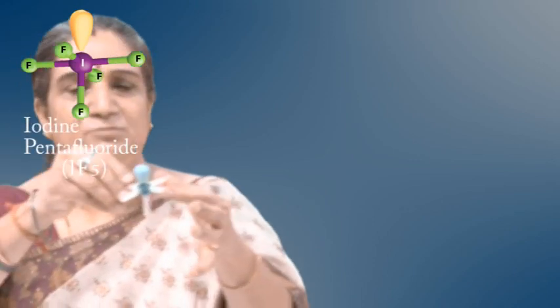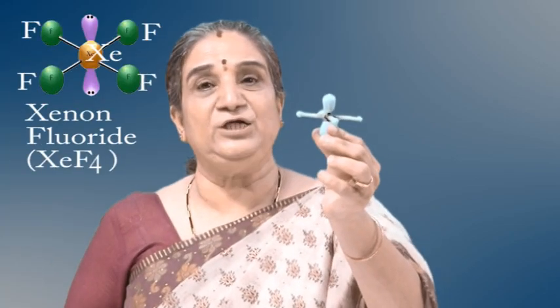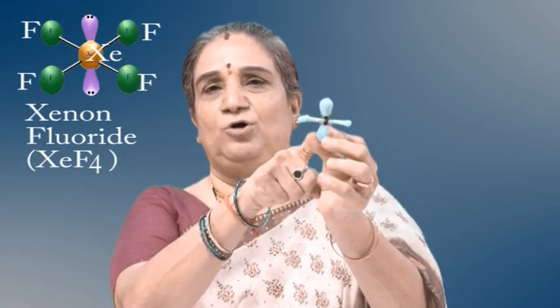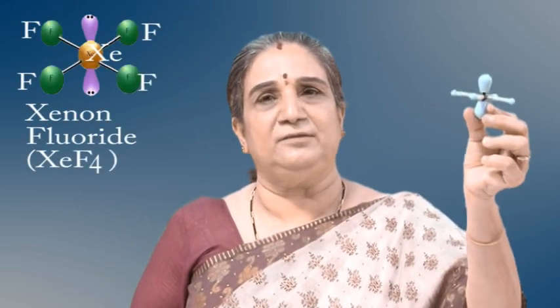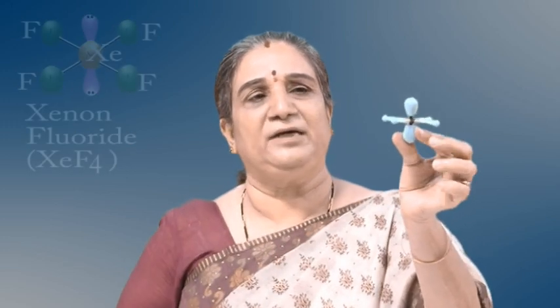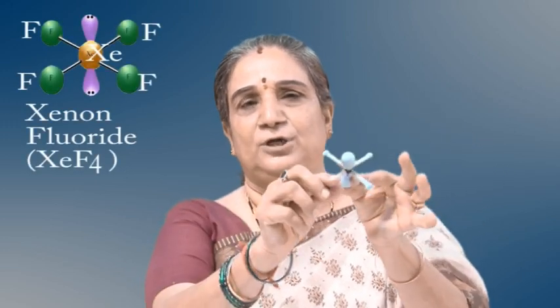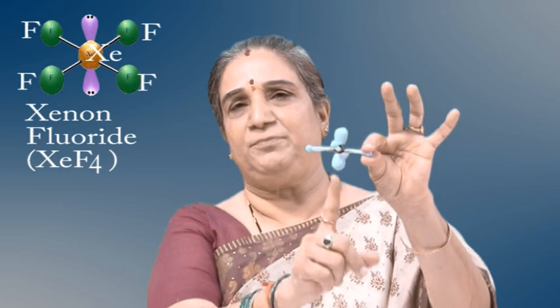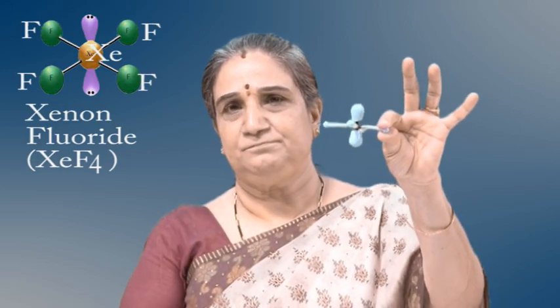The geometry becomes square pyramidal. The last one is square planar xenon fluoride. The central xenon atom is bonded to 4 fluorine atoms with 2 lone pairs. It should be octahedral but becomes square planar. The 2 lone pairs occupy the perpendicular positions.